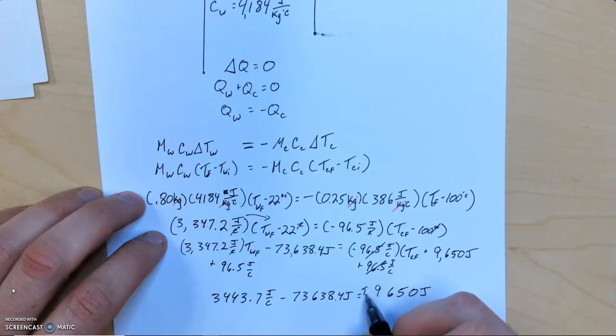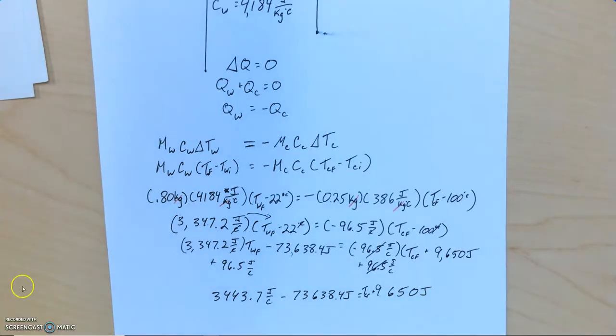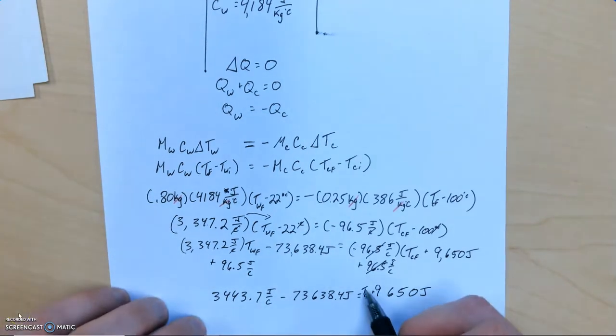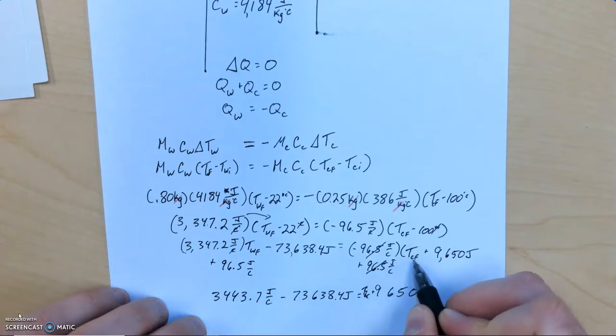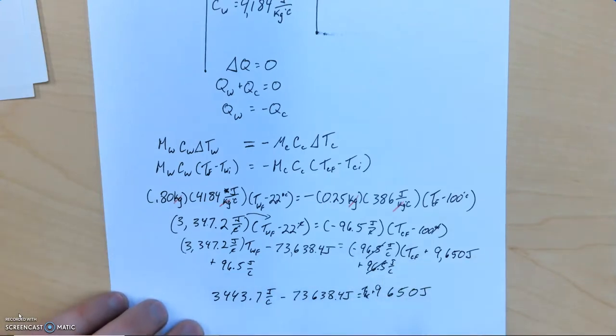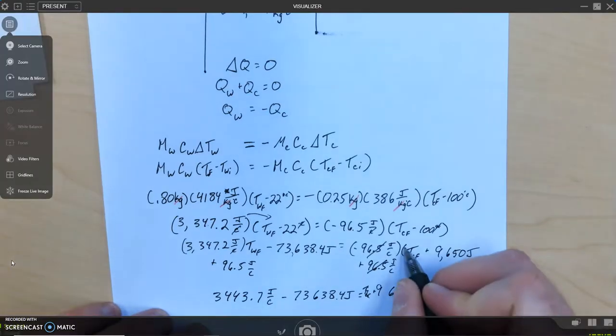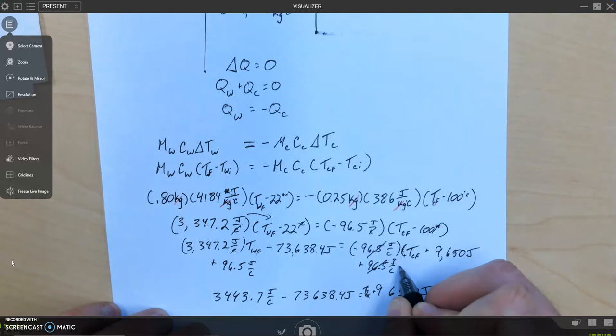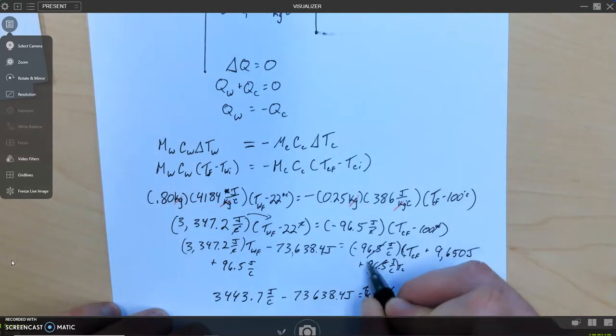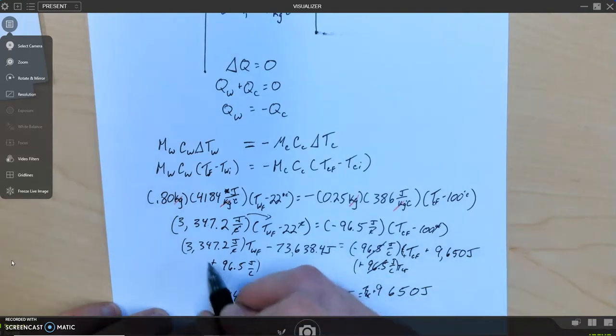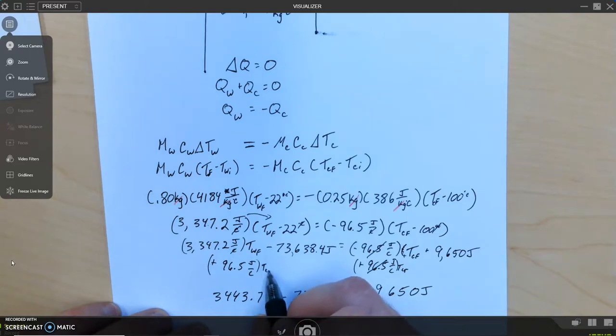Oops, forgot, I'm going to be adding those together. I messed up. This parentheses is not supposed to be there. That's supposed to go over here. So those go together.